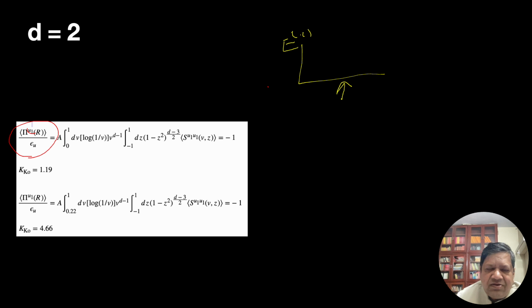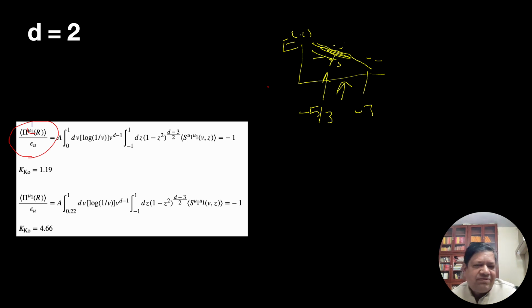This regime is -5/3 and this is -3. This regime we are looking at, and in this regime the flux is in fact negative. It is an inverse cascade of energy. So we want the left hand side to be -1.